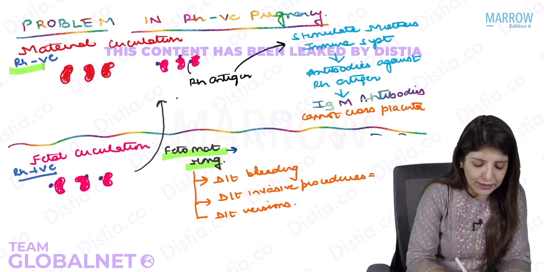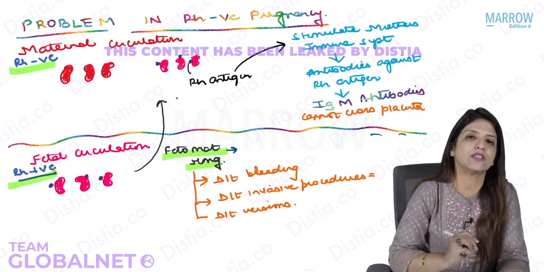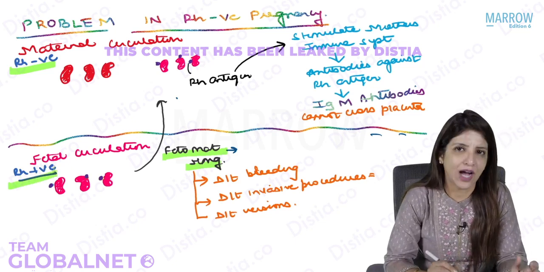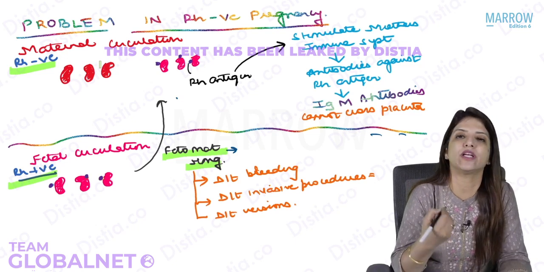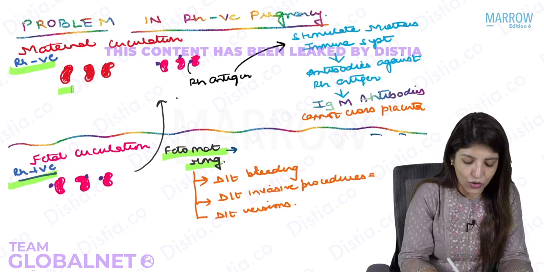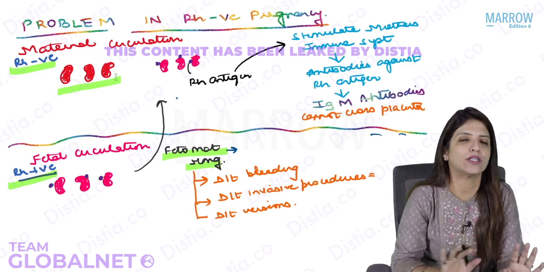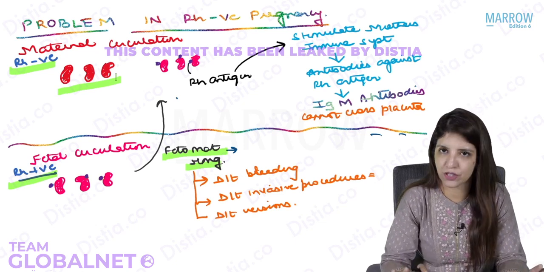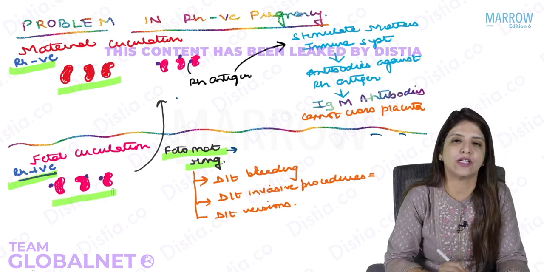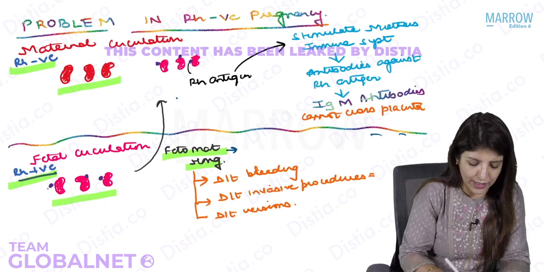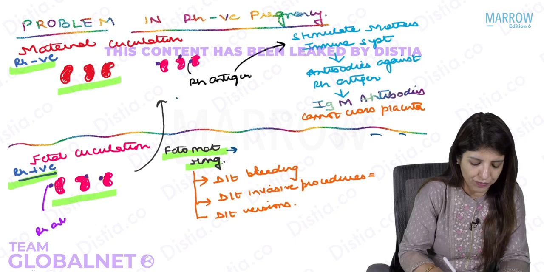Now, if the mother is Rh negative and the fetus is Rh positive, just now I told you that if the mother is Rh negative, she is equal to an individual who is Rh negative. So in her RBCs, you will not get any Rh antigen. But if the fetus is Rh positive, on the fetal RBCs you are going to get Rh antigen.